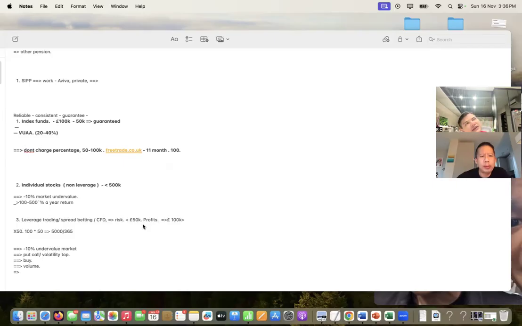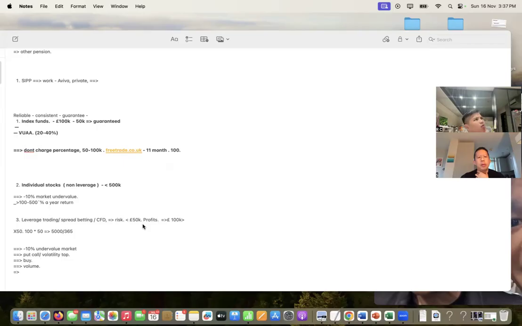Is that right? You will lose like 50 pound, or 10 pound, 20 pound, because you're not using all of that. Actually, it depends on how you do it as well, because to a certain point they will close your trade already, so you wouldn't lose the whole £100. If you put £100 it depends on your position size.